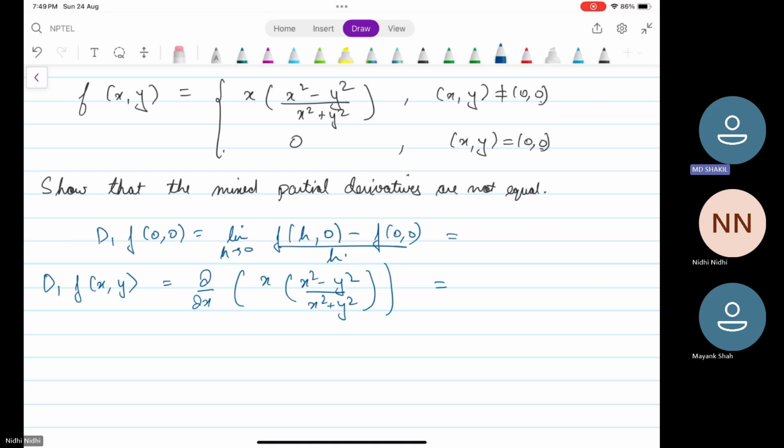The expression is x square minus y square by x square plus y square. Sorry, 3x square minus y square by x square plus y square. So what are you getting at point 0, 0, the derivative at 0, 0? Okay, so you will have to use the definition.